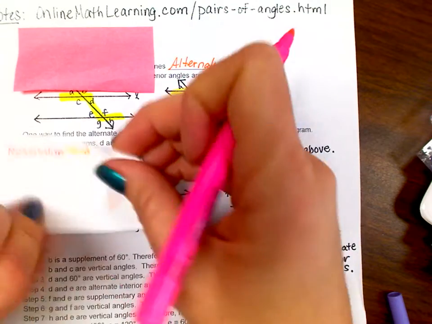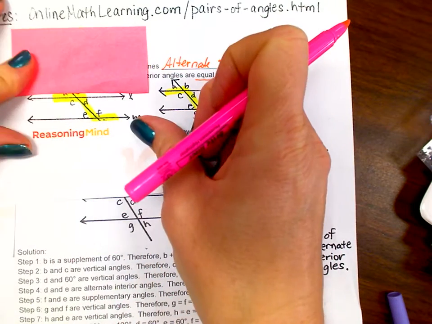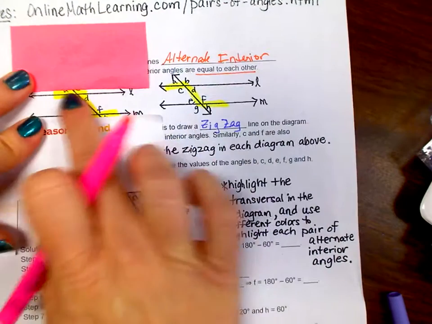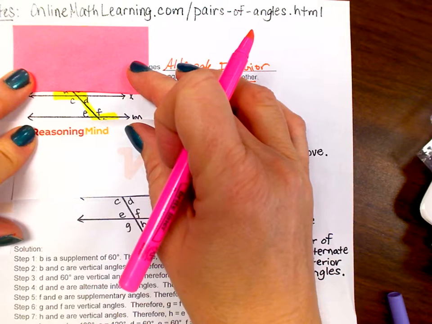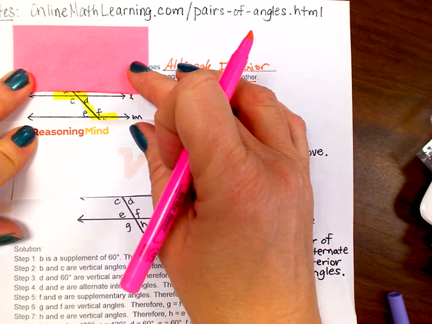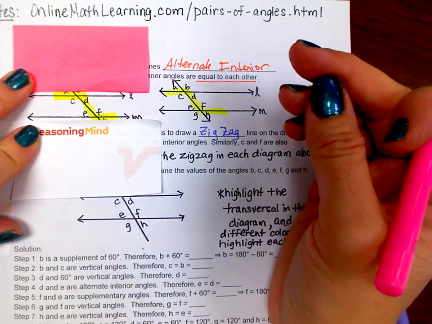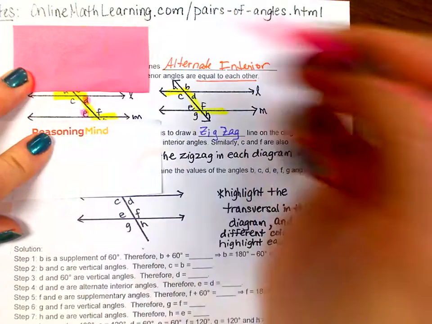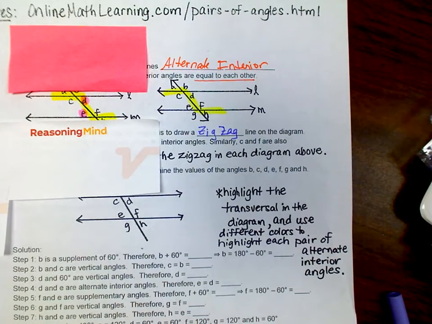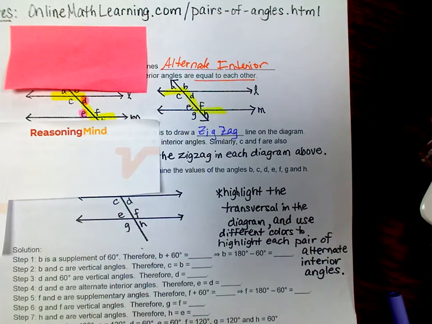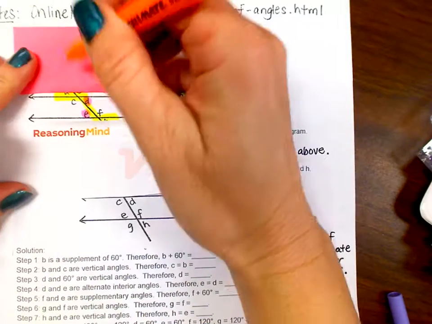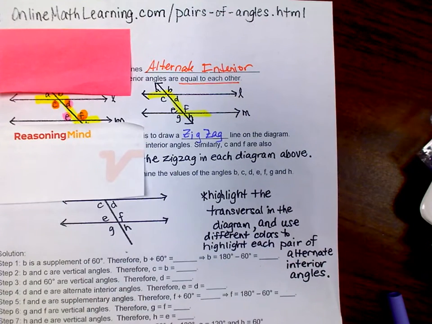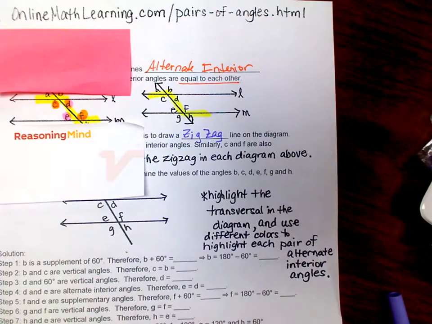I'm really going to focus on what's in between, inside the parallel lines. And they're alternating angles. So D and E are alternate interior angles. And then we have C and F are alternate interior angles. Those are kind of the same color.